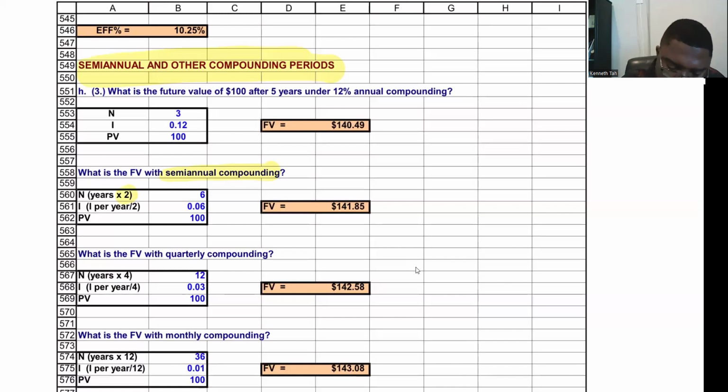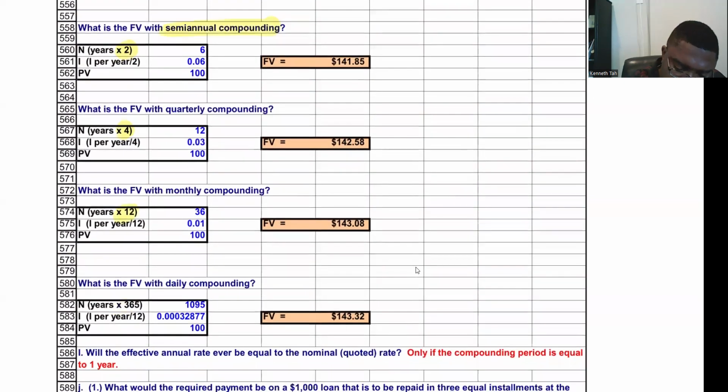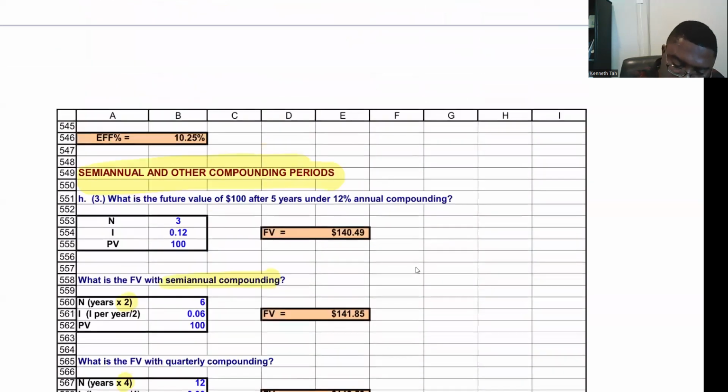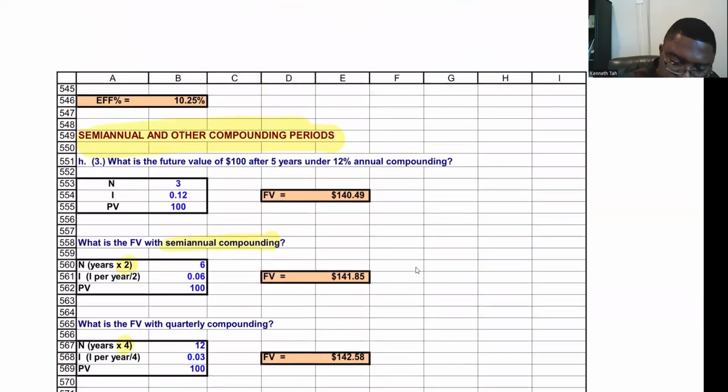If it is done quarterly, then M is going to be 4. If it's done monthly, M is going to be 12. If it is done daily, M is going to be 360.